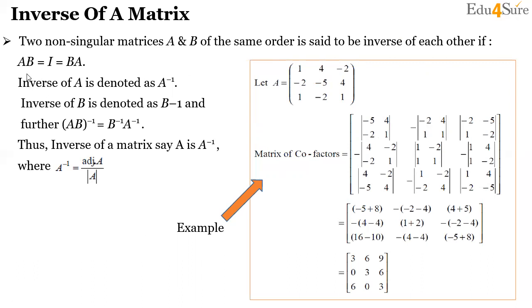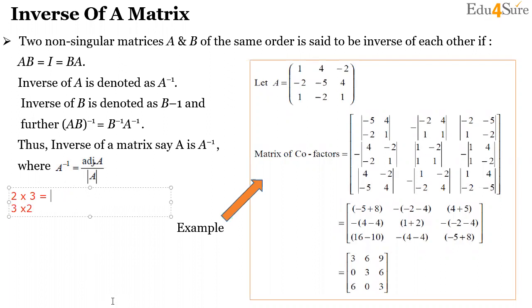Here A into B equals I equals BA, both are the same. As I've already said, 2 into 3 equals 3 into 2, both are the same. 2 into 3 will give you 6, and similarly 3 into 2 will also give you 6.